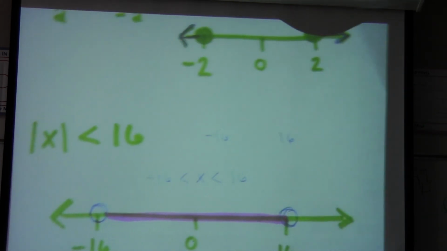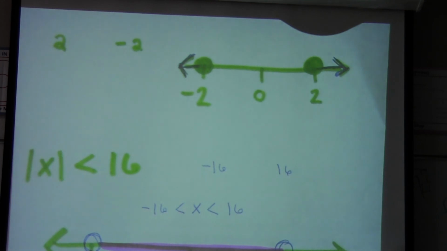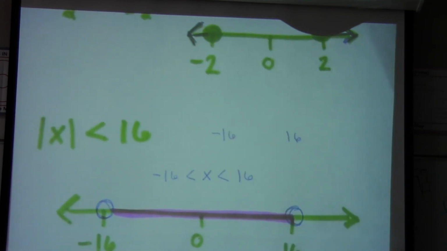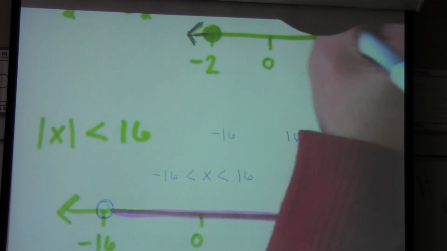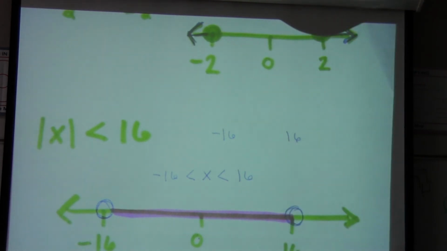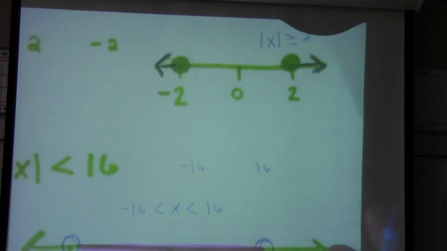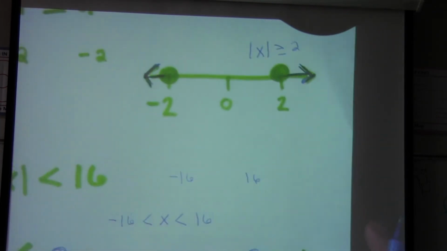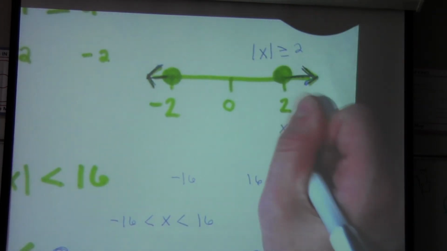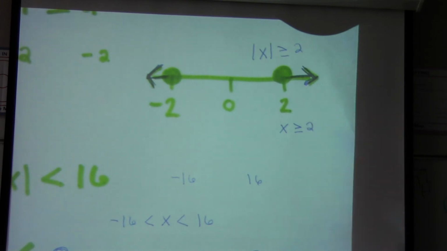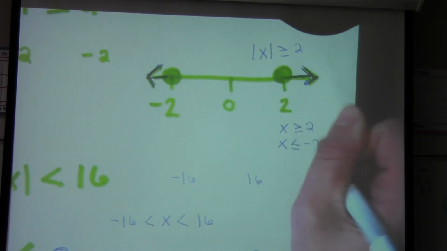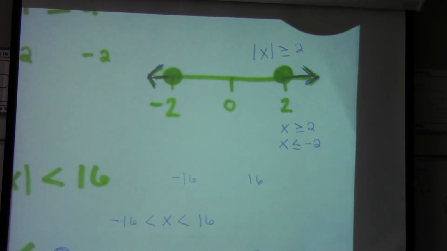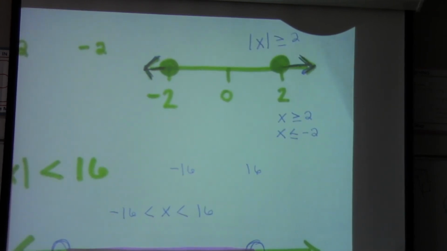On the one above, our original problem was the absolute value of x is bigger than or equal to 2. So we would say, we keep that, x is bigger than or equal to 2, or x is less than or equal to negative 2. Because when I set it equal to that negative, I have to flip the sign.